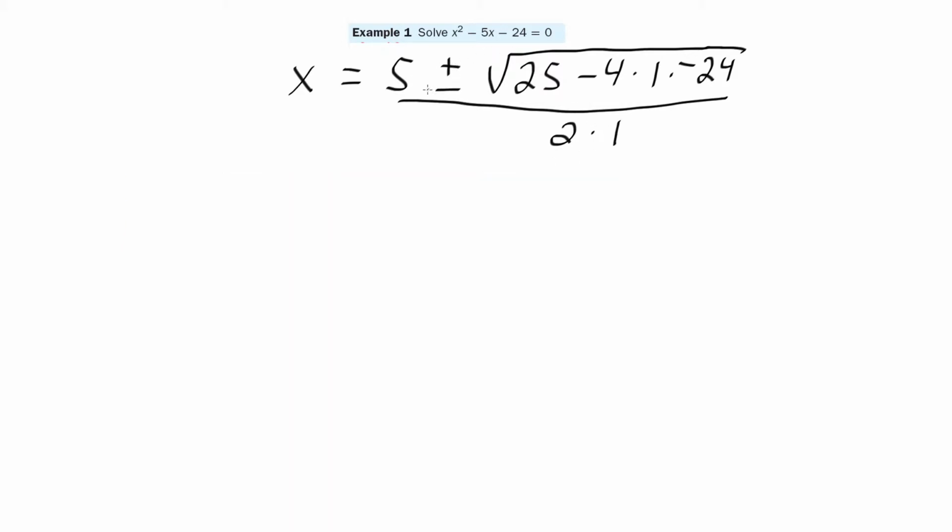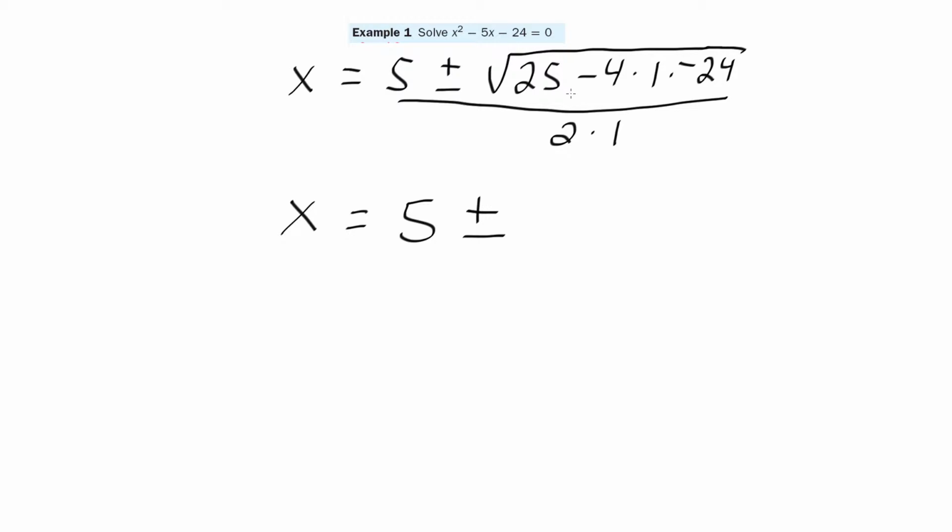Okay, so I just need to find, I'm going to get 5 plus or minus something. Let's see what we get here. So I got x equals 5 plus or minus, and this is, let's see, 4 times 24 equals 96 plus 25.